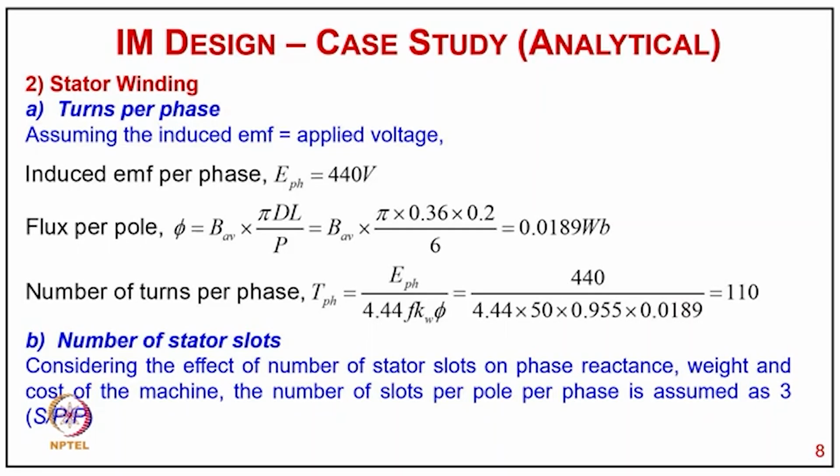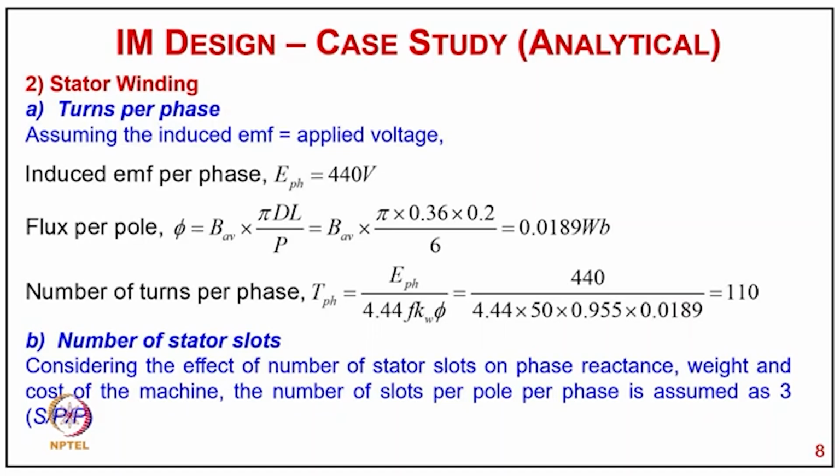Now the flux per pole phi is B average into pi D L upon P, that is B average into tau. Putting in the values, it comes to 0.0189 Weber. From this we can find the number of turns per phase, TPH equal to EPH, the applied voltage, divided by 4.44 f Kw into phi. Putting in the values, it comes to 110 turns with proper rounding.